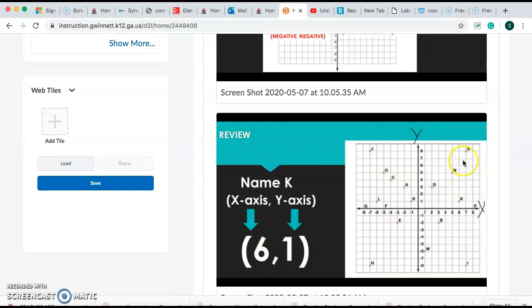We also know that the numbers in this quadrant are positive. The numbers in this quadrant are all negative. The numbers in this quadrant, x's are negative, y's are positive, and we know that the numbers in this quadrant, x's are positive, y's are negative.